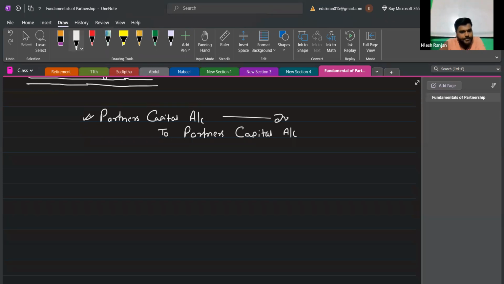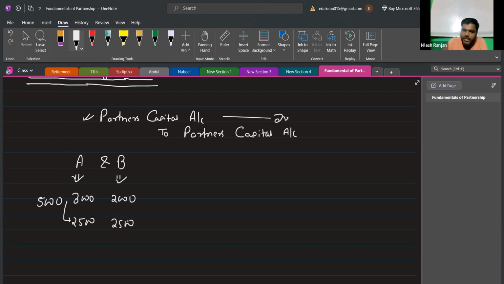So let's say there are A and B, two partners, and we have distributed the incorrect profit. Let's say the profit is 5,000 and we have given 3,000 and 2,000 to each partner. Okay, but the actual amount that is to be paid is 2,500 and 2,500. That is equal.